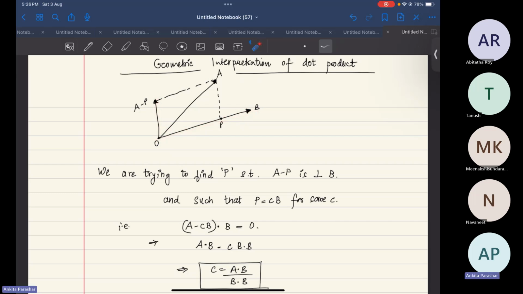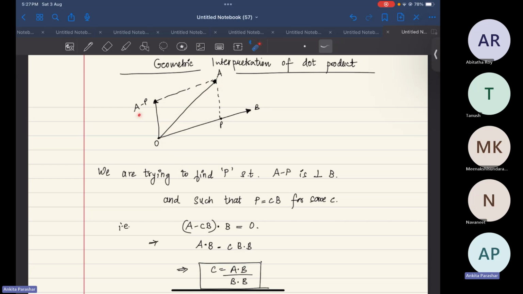But what I want to say is, suppose I have a point P on the vector B itself. Then if this is P, this is A, then what is A minus P? It is exactly this, right? This is because of the parallelogram law of addition or subtraction.